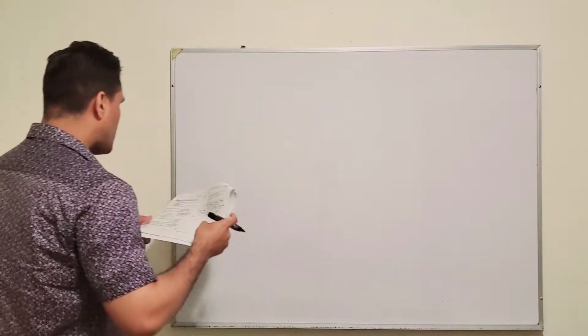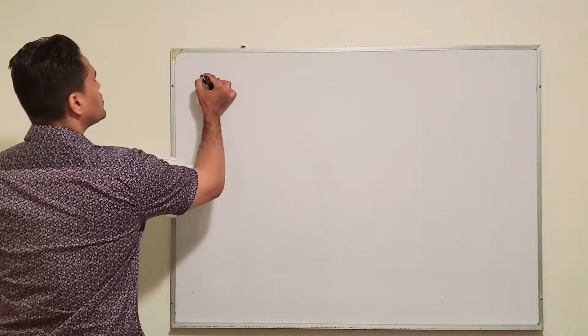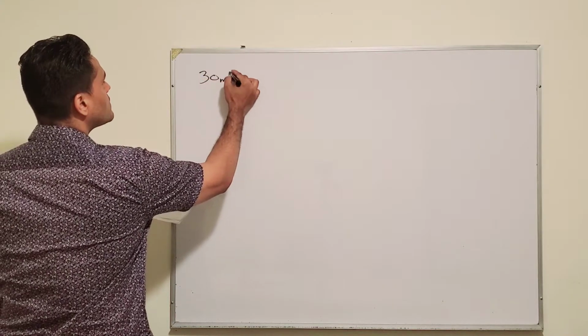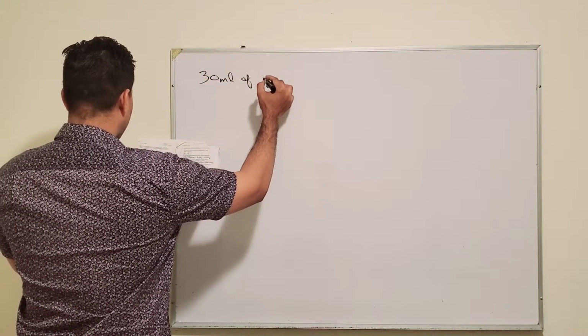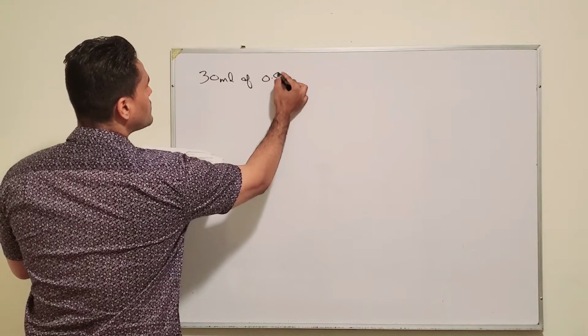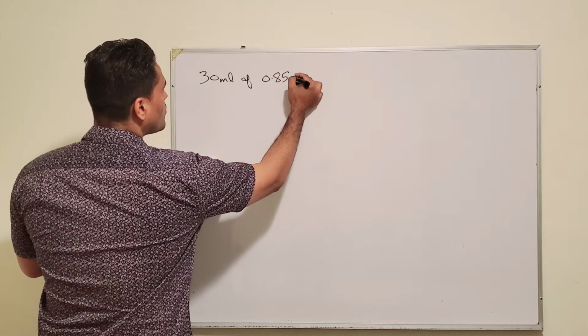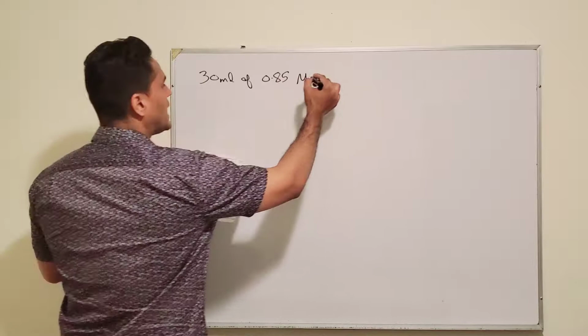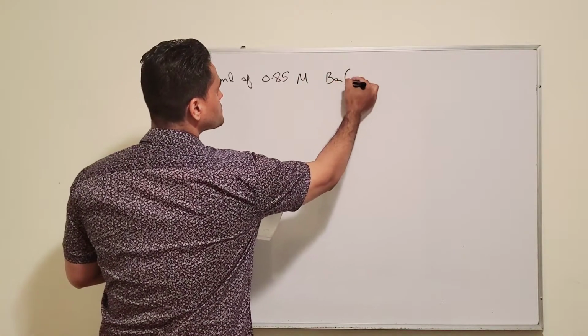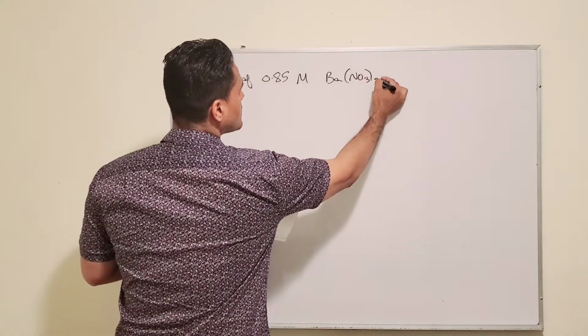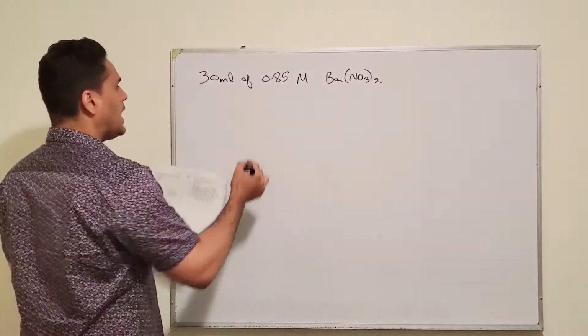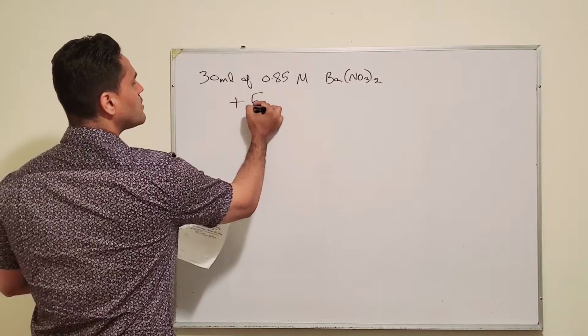So in the next example, they're telling us that we have 30 ml of 0.85 molar BaNO3, and I added 50 ml water to that.